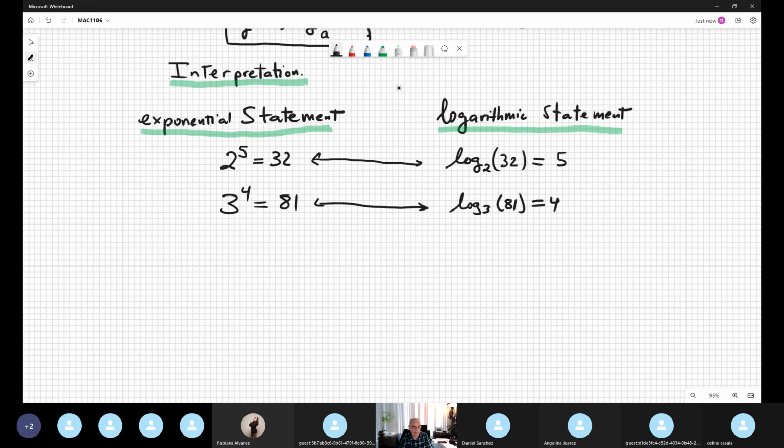Look at that. The idea is you have a base, you raise it to the exponent, and you get the result. So we are in the exponential world.